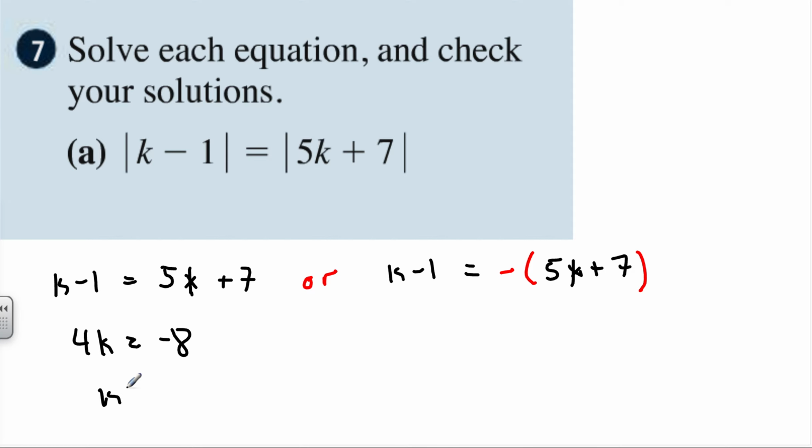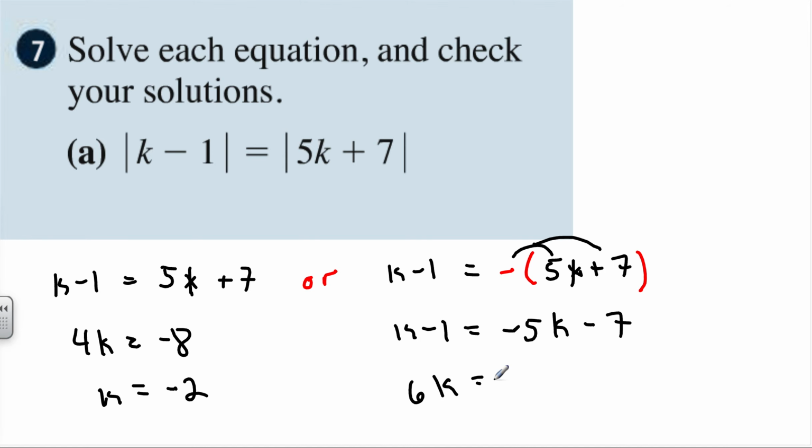So then k equals negative 2. Let's distribute this negative here. So then k minus 1 equals negative 5k minus 7. So I'm going to add 5k. I get 6k equals a negative 6. So then k equals negative 1.